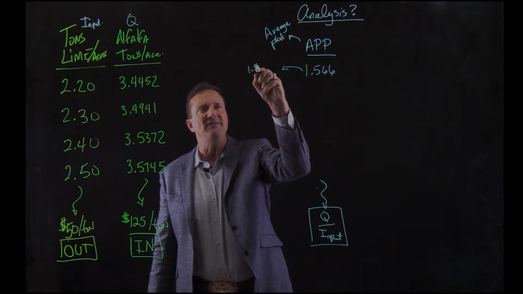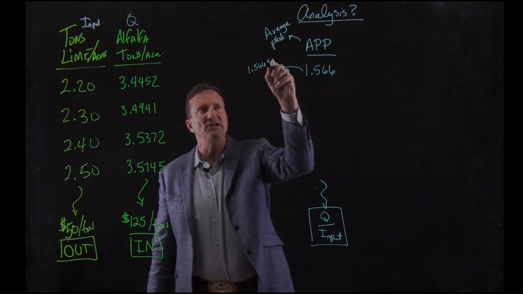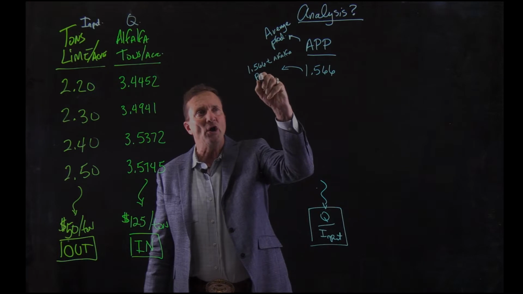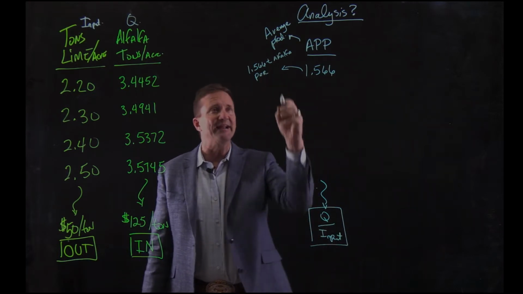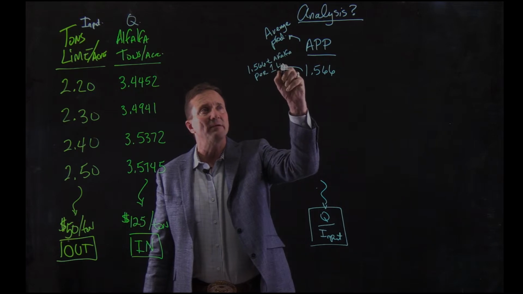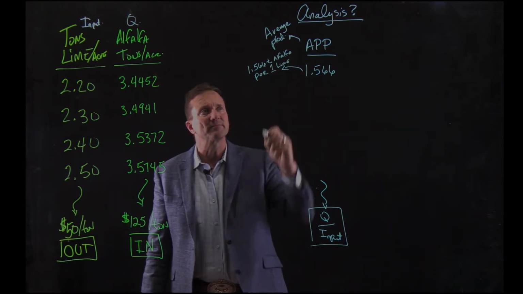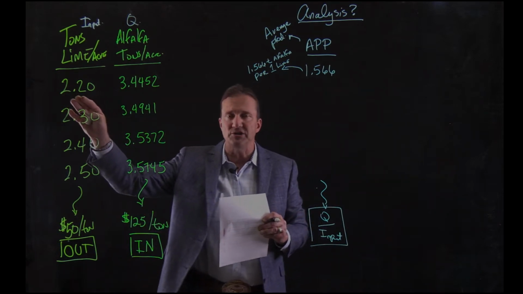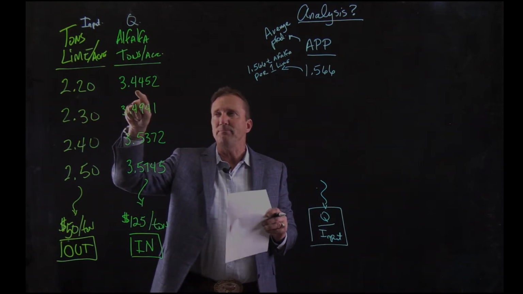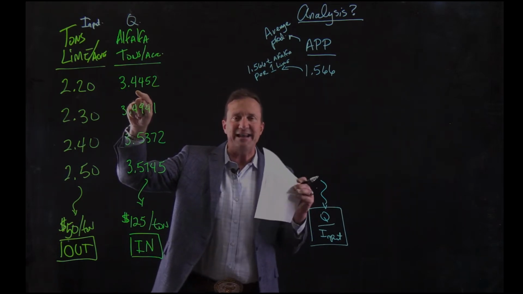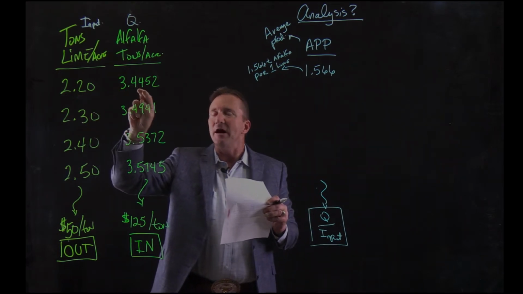This is 1.566 tons of alfalfa per, now since it's divided, 1 ton of lime in my case here. All right, now why do you say it's 1? You're like, hold on a minute, it's 2.2. But remember, I took 3.4452, and I took that and divided it by 2.2.